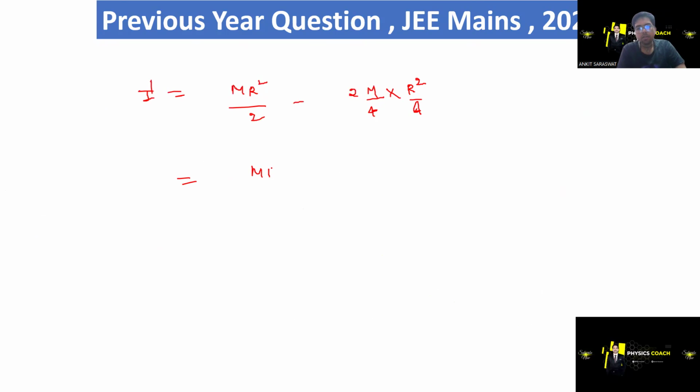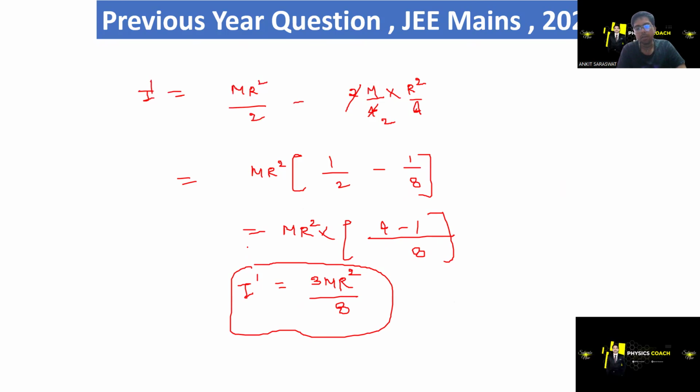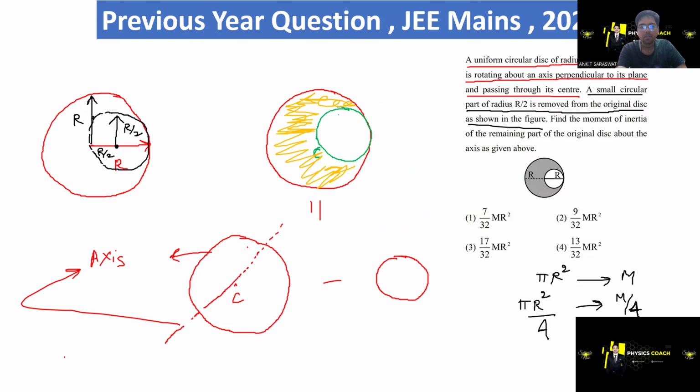Mr square common. I'm solving step by step. I can solve within a minute, but I want you to see the steps. LCM is 8, especially for students. So it will be 3 mr square by. So this I dash is the moment of inertia of the remaining part.